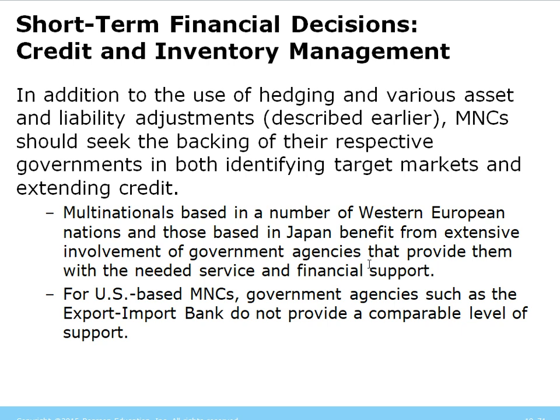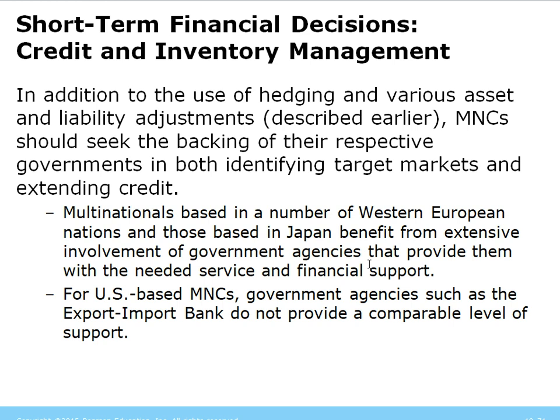So now let's talk about short-term financial decisions, credit, and inventory management. In addition to the hedging of various assets and liability adjustments described in the previous slides, multinationals should seek the backing of their respective governments in both identifying target markets and extending credit.